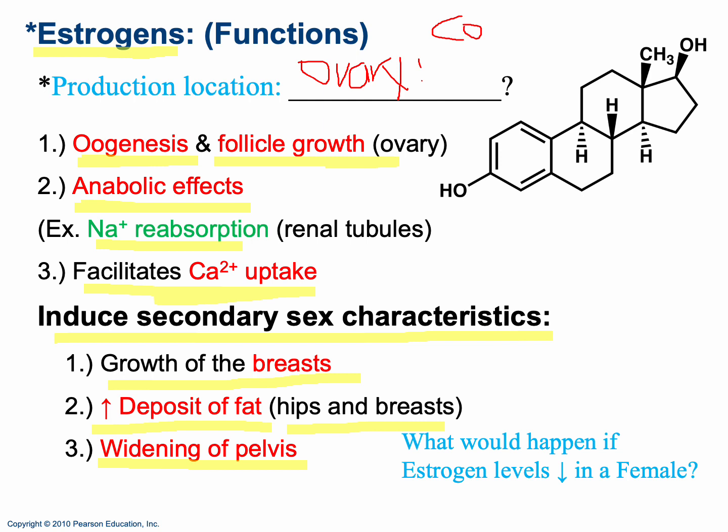We mentioned that was a really important structure. So corpus luteum. And of course, estrogen is also produced in the follicles, the developing follicles.